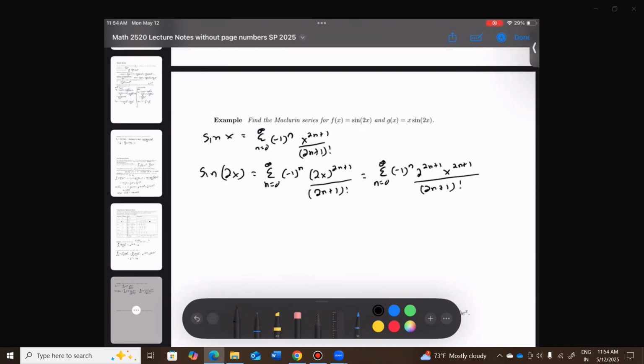And then x sine of 2x will be x times the summation of n equals 0 to infinity of negative 1 to the n, 2 to the 2n plus 1, x to the 2n plus 1 over 2n plus 1 factorial.